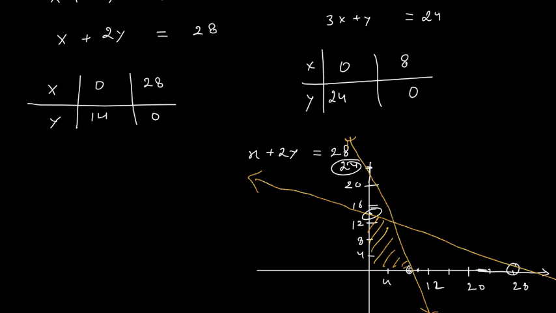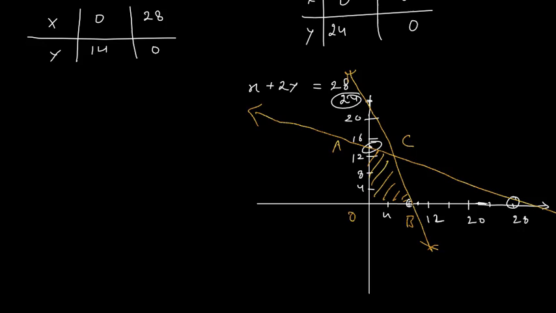Again, I mark this as point A, this as O, this as B, this as C. Okay. So I will say that this shaded region is the feasible region.